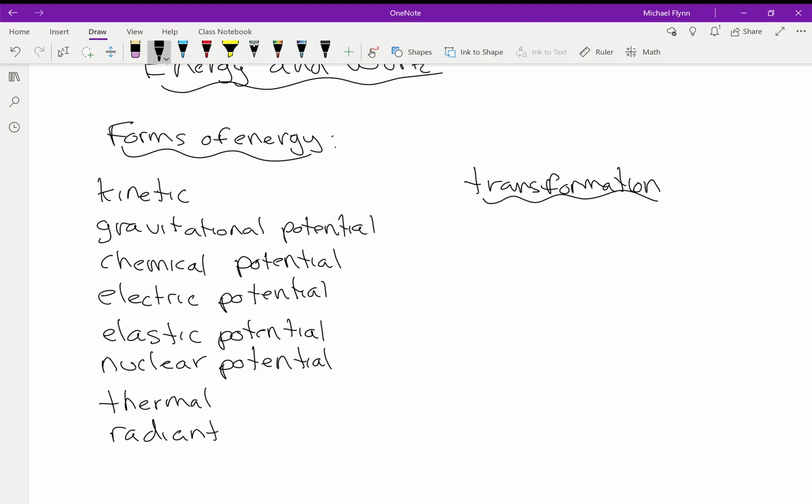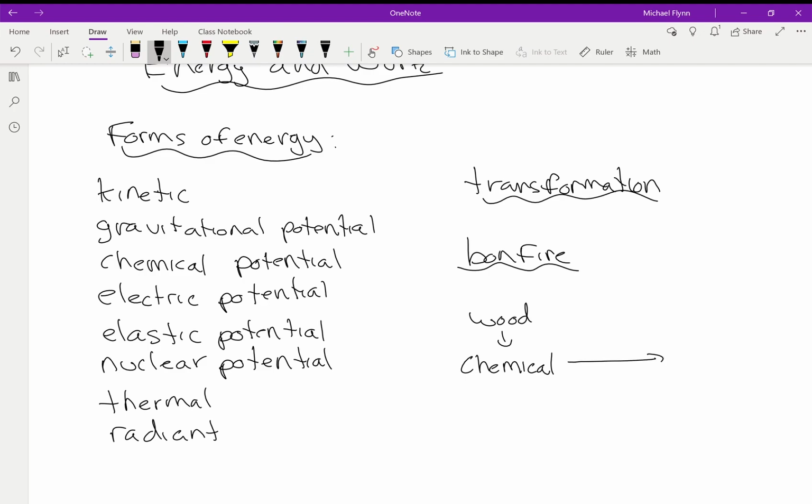All right, so in a transformation, the textbook will ask, what's happening in a bonfire? So let's use that as an example. In a bonfire, what kind of energy is in the wood to start with? Well, the wood has chemical energy in it. It's bonds, okay, chemical bonds. And when you burn the wood, what does that turn into?